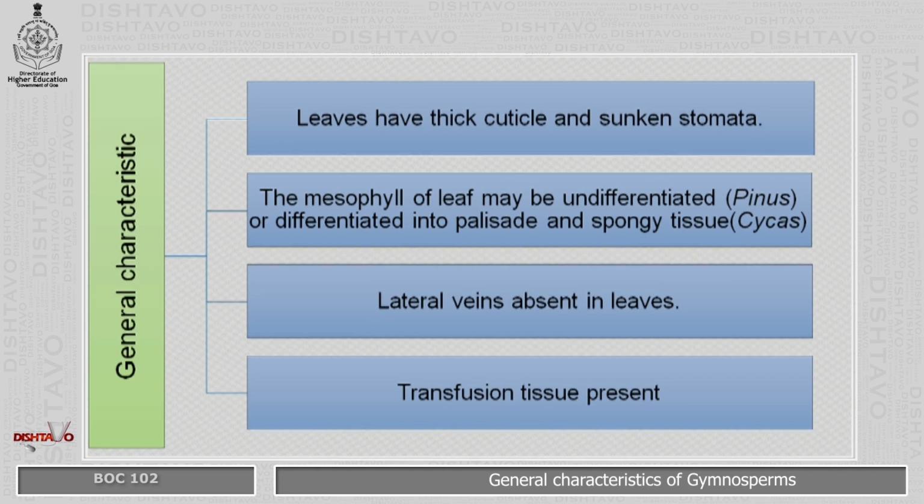The mesophyll of the leaf may be undifferentiated as seen in Pinus, or it is differentiated into palisade and spongy tissue as seen in Cycas. In gymnosperms, in case of the foliage leaves, the midrib is present but the lateral veins are absent. So their function is taken over by a tissue called transfusion tissue.